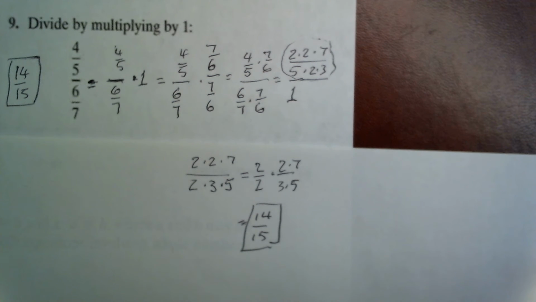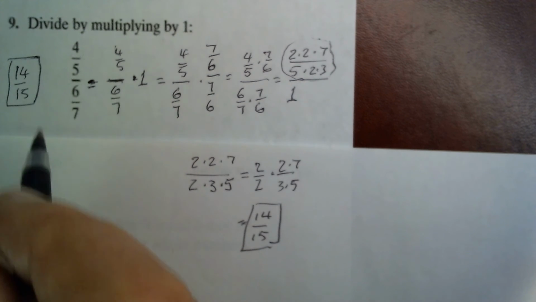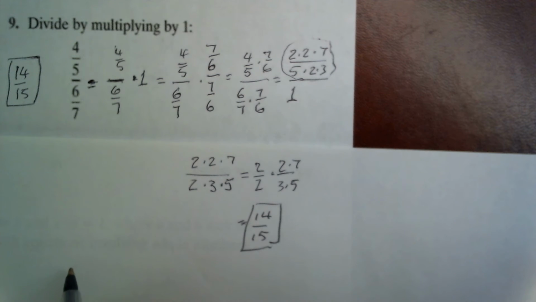Little different approach, but it works. So what else could we have done? Well, if we look at this fraction here, let me just redo it in a different way. 4/5 divided by 6/7. And then just use the usual approach as 4/5 times the reciprocal of 6/7, which is 7 divided by 6.